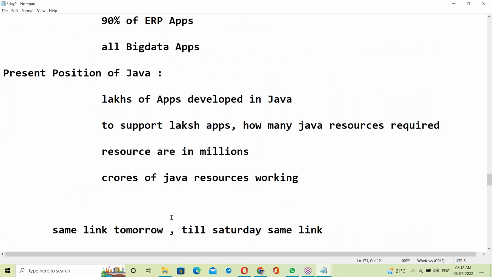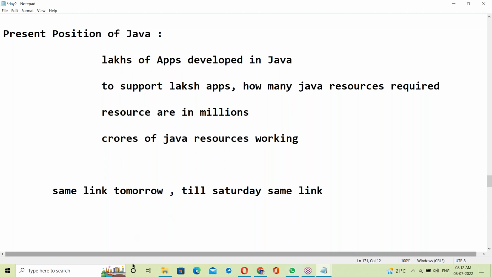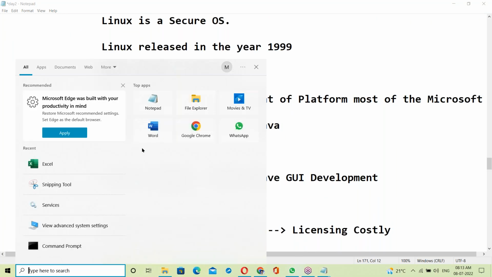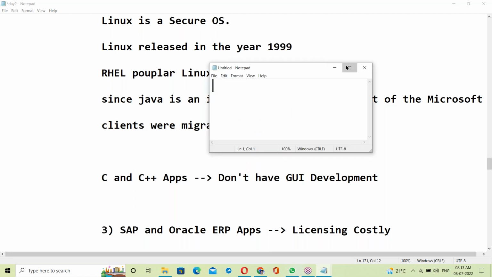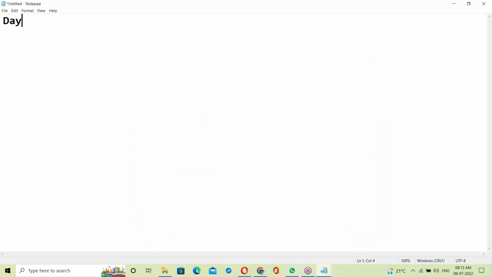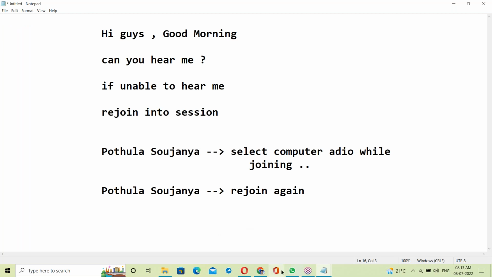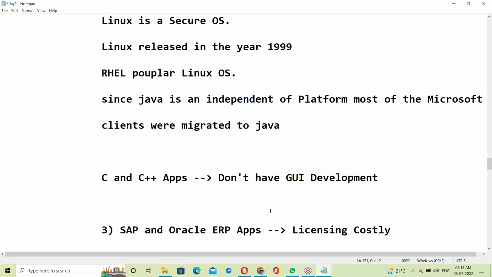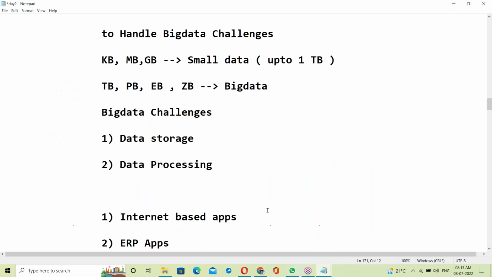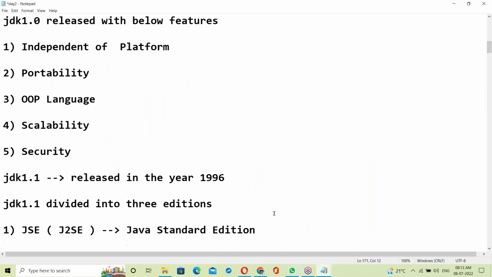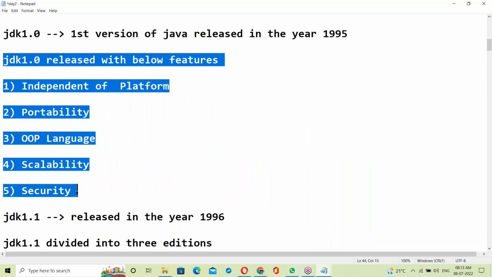Today is day 3. Let us start Java features.